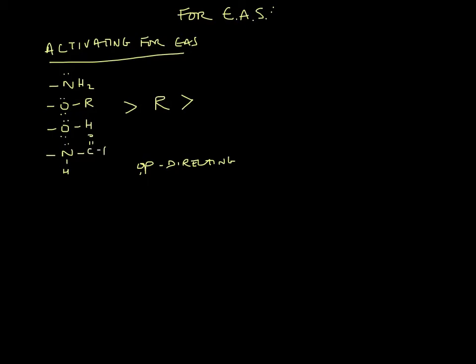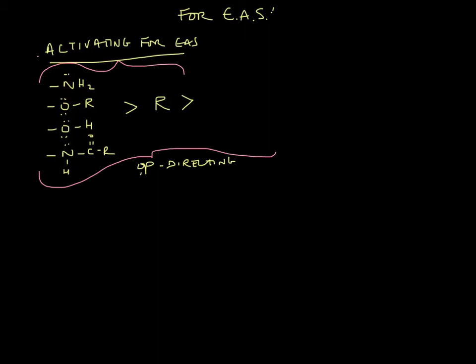The ones that you would see the most in this case would be a nitrogen, so an amine, the nitrogen of an amide, the oxygen of an ether, or the oxygen of an alcohol. Those guys are all going to be activating, meaning they make this reaction go faster. And furthermore, they're also going to be ortho-para-directing. So all of these guys here are activating and ortho-para-directing. And again, this is for electrophilic aromatic substitution. So we're talking about if you have something on the benzene ring already, how does that impact the location of the reaction itself? So you're putting on the second thing.